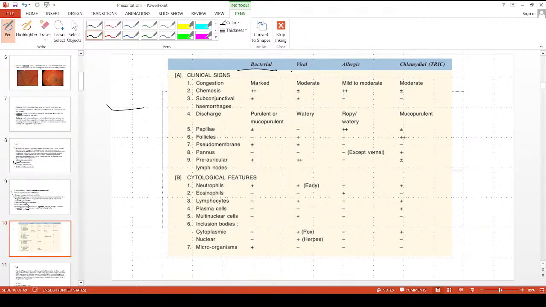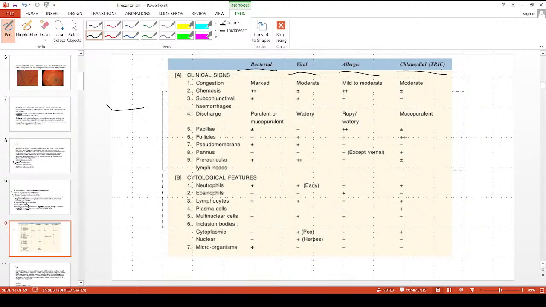Viral will have more signs than symptoms, and bacterial will have more symptoms than signs. Allergic will always be mild to moderate with ropey or watery discharge, while chlamydial will always have mucopurulent discharge. So understand this. Apart from that, a good feature to remember is the presence of follicles in chlamydial or allergic conjunctivitis, while others will not have those follicles.